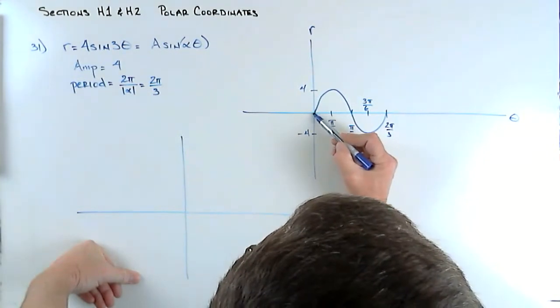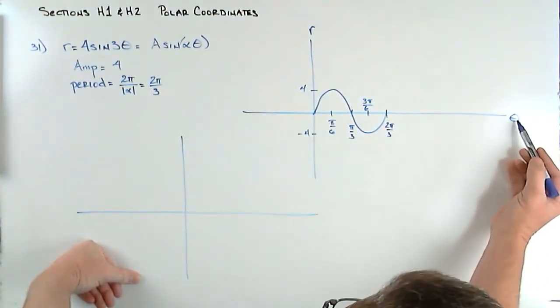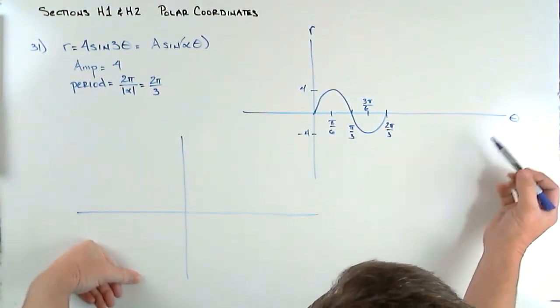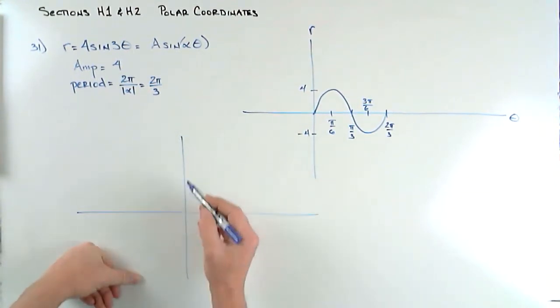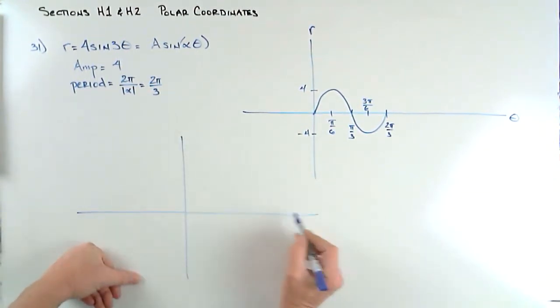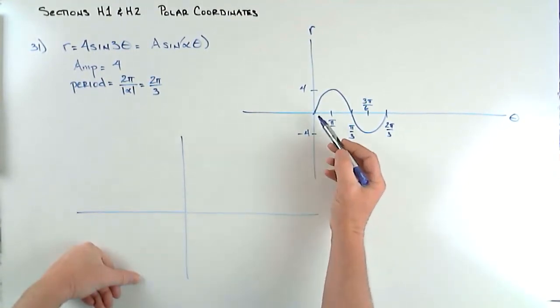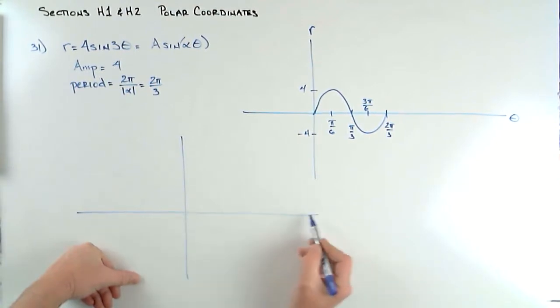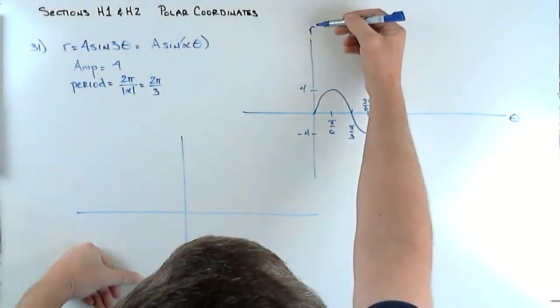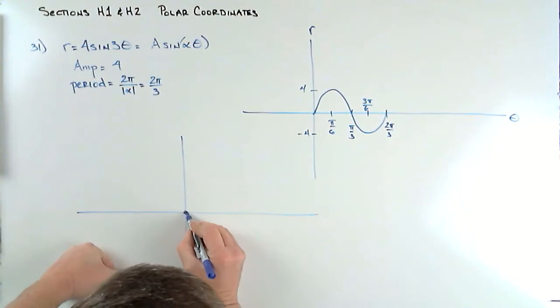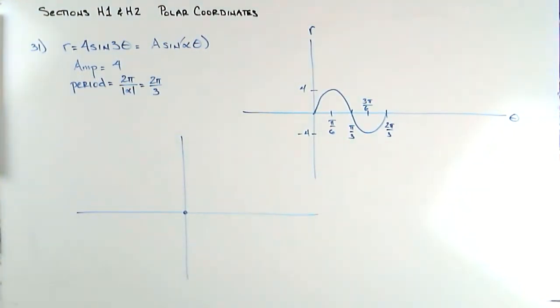This is 0,0 here, where theta is 0. The polar axis is really just this, but we put the x,y coordinates on top to help with orientation. Our angle is 0 and our radius is 0, so our initial point is here.